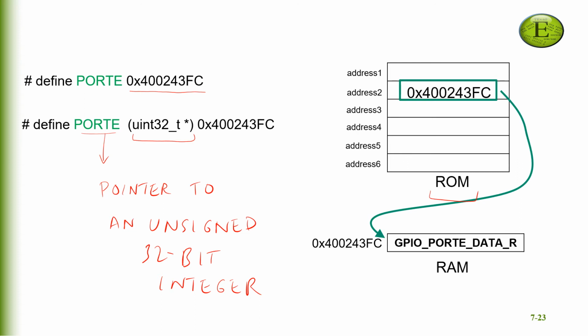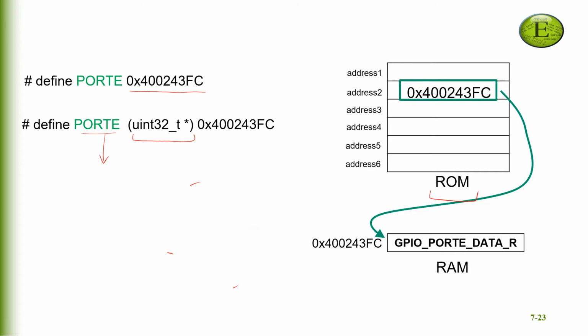So the question is, what is the role of the uint32_t star? This is in fact a typecasting operator. We are converting this value into a value of a pointer.